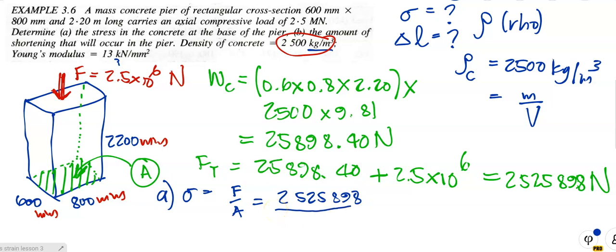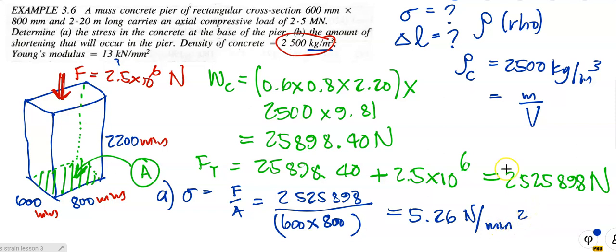Now people, I said convert all to newtons and millimeters squared, so I'm going to say 600 times 800. And if I work it out, check my answer, I think I get 5.26 newtons per millimeter squared.